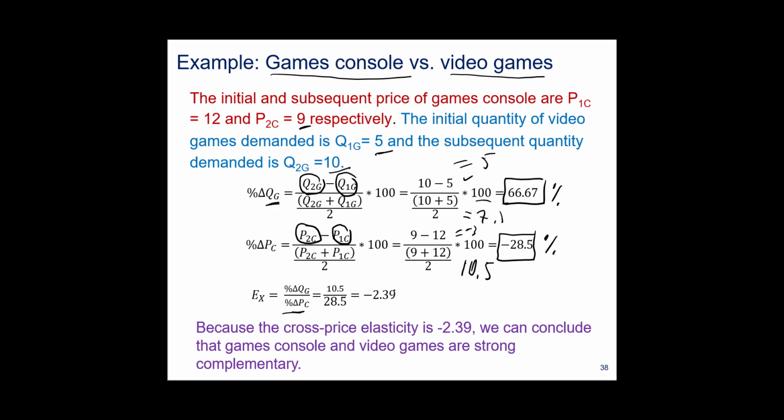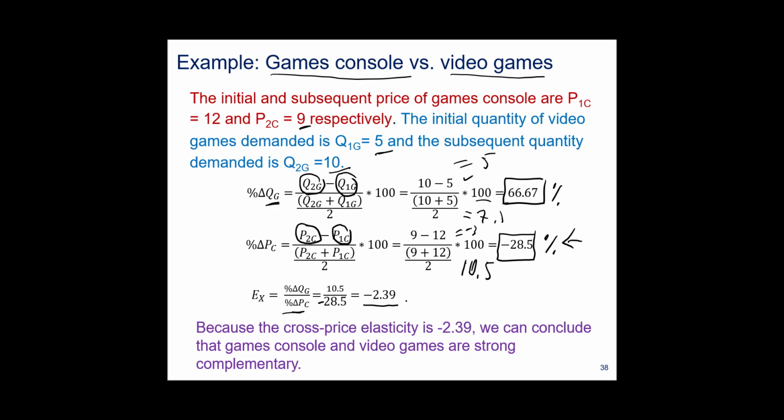So we're looking at the sensitivity of quantity demanded, or demand, for product G, or games, when the console price changes by that much. If you plug this into the formula, I can see the negative sign is missing here, so this has to be negative 28.5. So 66.7 over minus 28.5 gives us minus 2.39.